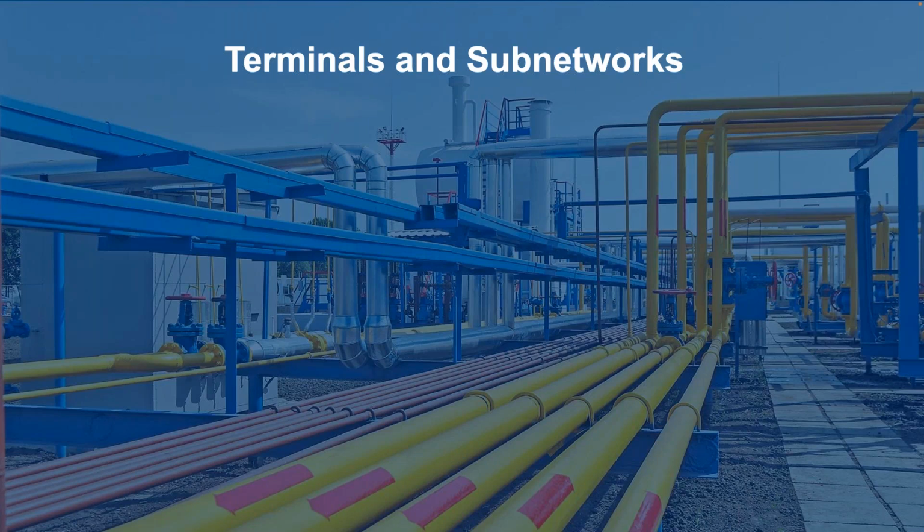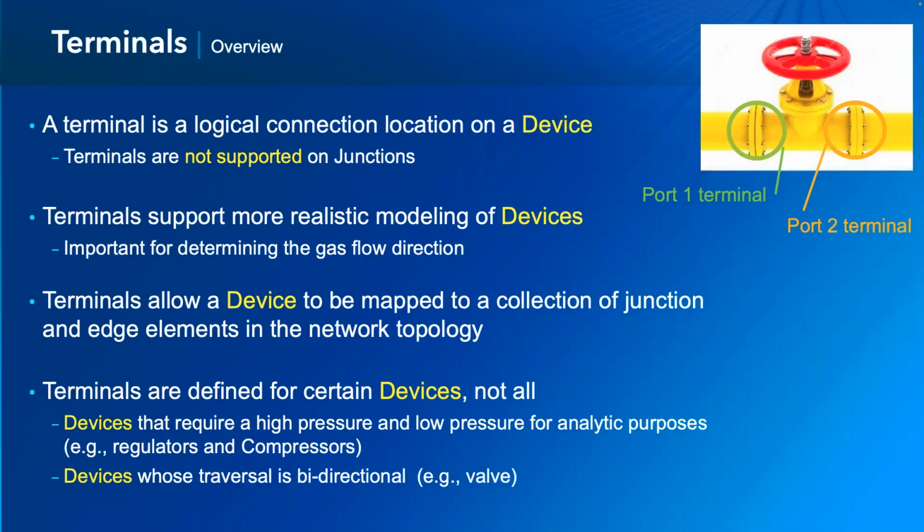If I'm placing a pump or a compressor, it's not just placing the point object; I need to tell it what is the inlet and what is the outlet. So we use the terminology of terminals. Terminals are just a configuration of the point object saying what side of the pipe is connected to what. Another good example would be a check valve.